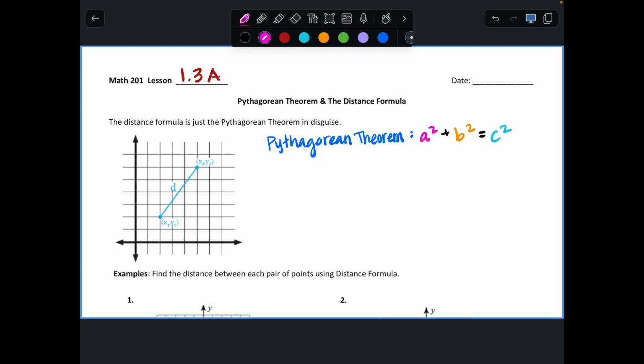So we use this same formula. We're just going to rearrange it.